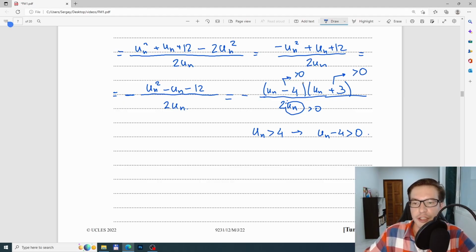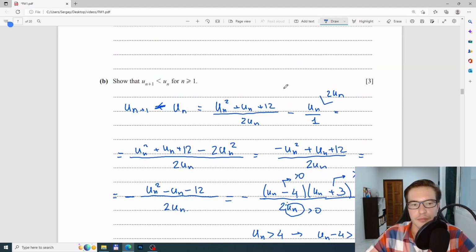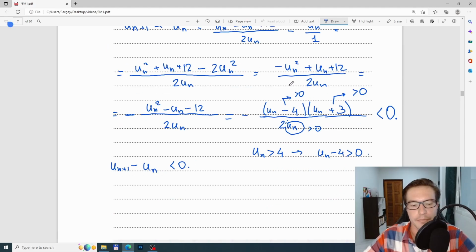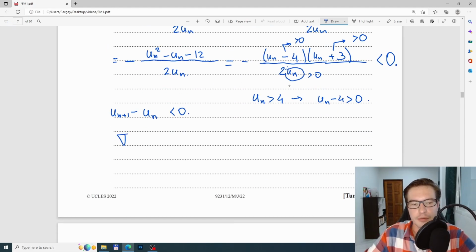So the whole fraction is positive, and we have a minus sign in front of the fraction. So that means it's smaller than 0. Okay, so un plus 1 minus un is smaller than 0. And that means, therefore, un plus 1 is smaller than un.